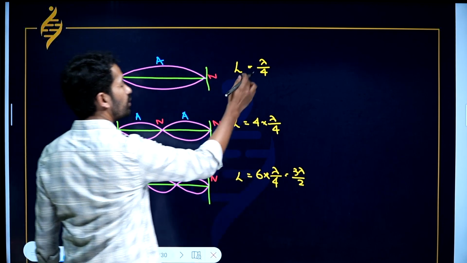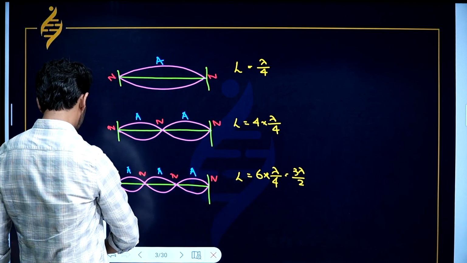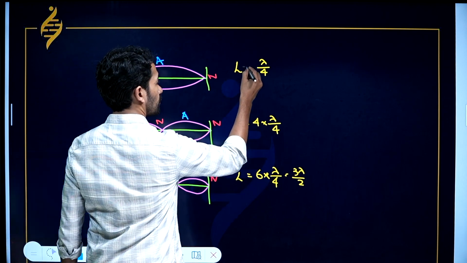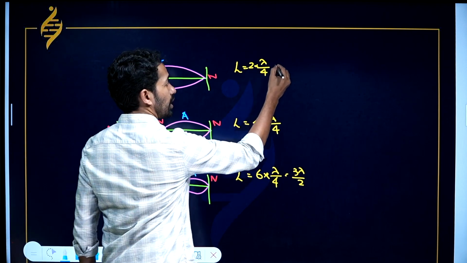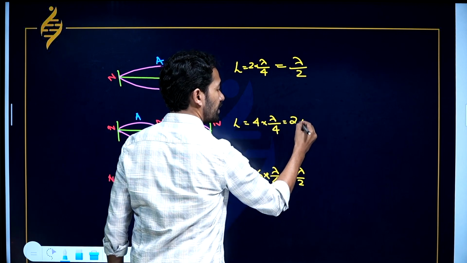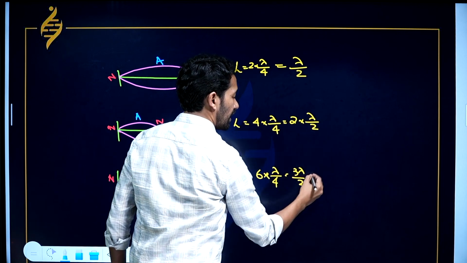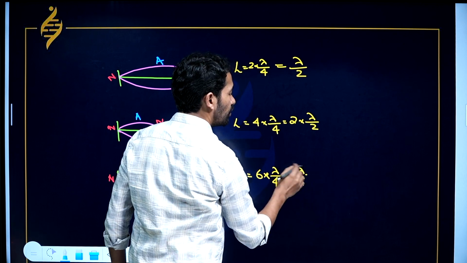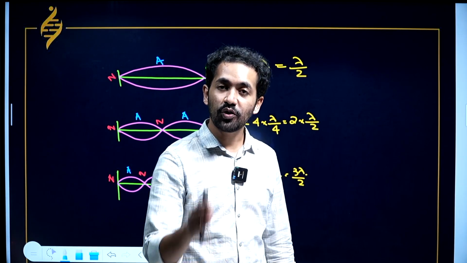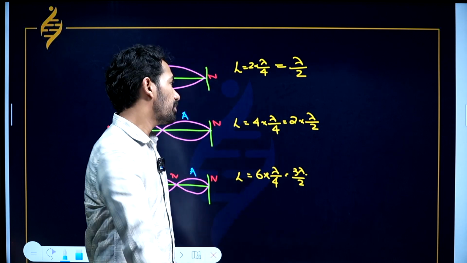Here it is 2 into lambda by 4, so I am getting it as lambda by 2. Here it will be 2 into lambda by 2, and here it will be 3 into lambda by 2. So all these are multiples of lambda by 2.